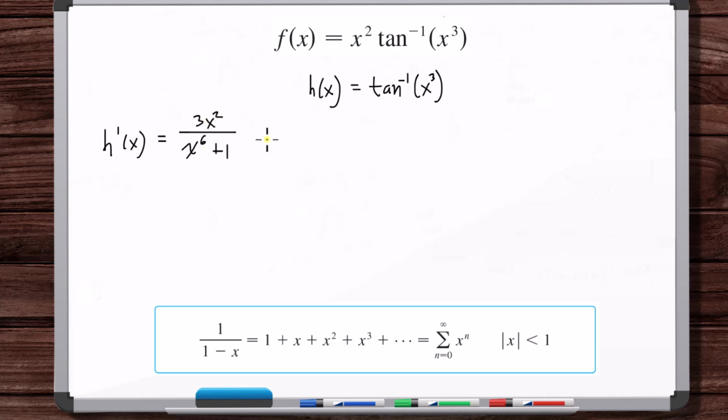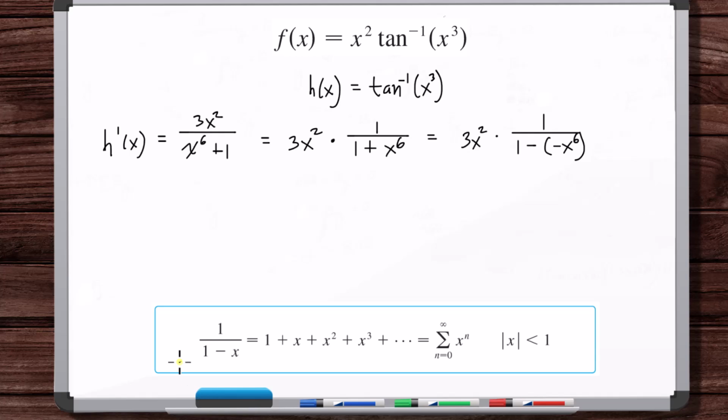Okay, so can we represent this as a power series? Yeah, we can take this 3x squared out front, and then we've got 1 plus x to the 6th. What is this? This is 1 minus x to the 6th.